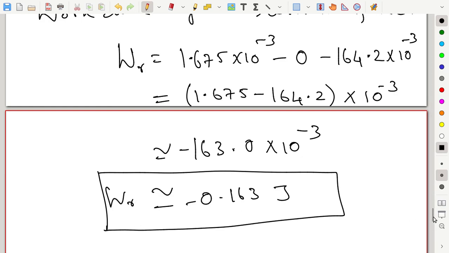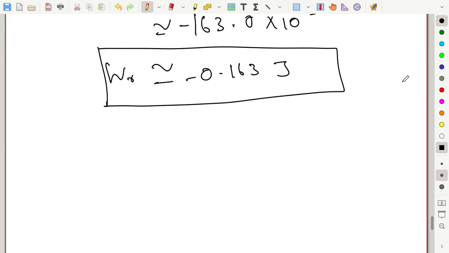Okay, so this resistive force acts in the direction opposite to the displacement. If we consider the raindrop displaced in this direction, the resistive force acts in the opposite direction. So the angle between them is 180 degrees, and whenever the angle between the force and the displacement is 180 degrees, we get a negative value.